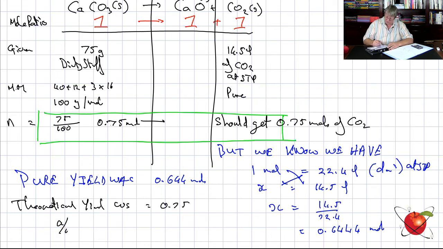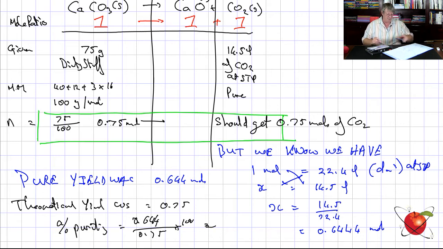So therefore, percentage purity is 0.644 over 0.75 times 100, and that's going to be equal to 0.644 divided by 0.75, which is 85.9. Let's say 86%. Okay, right.